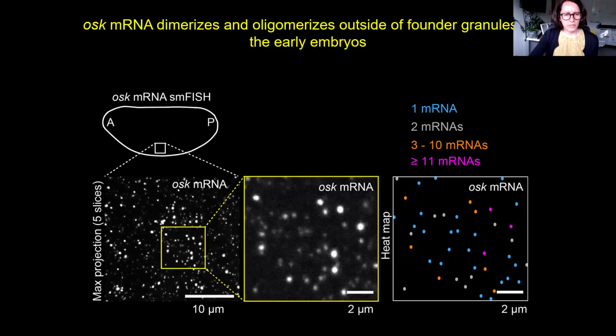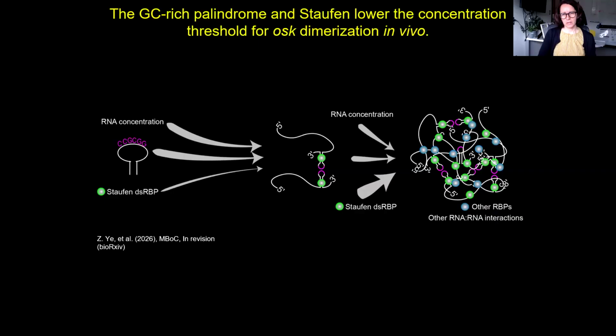And so what we have found recently is that the way these clusters form is they make dimers, and then they make oligomers that contain more than 2 oskar RNAs. But in order to make this process happen, 3 things need to cooperate with each other. The process relies on high RNA concentration. It relies on the palindromic sequence, and of course RNA binding proteins that glue everything together. So this augments dimerization.